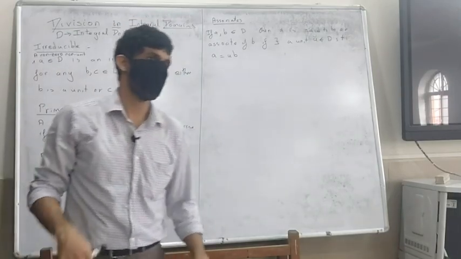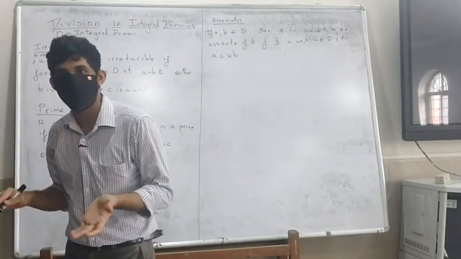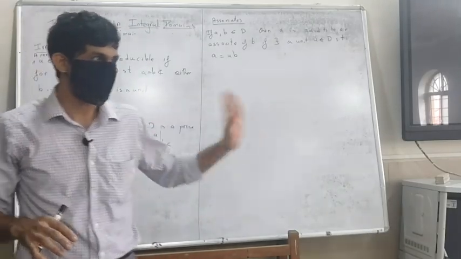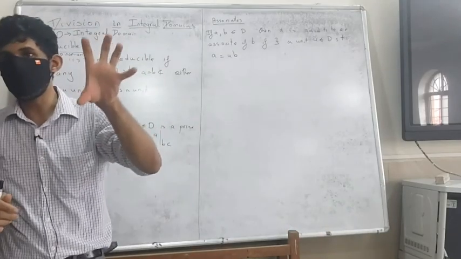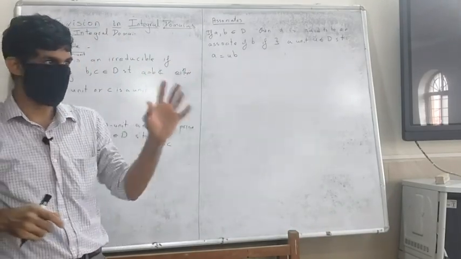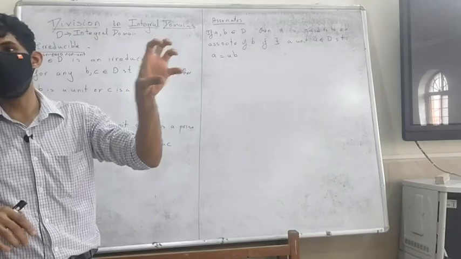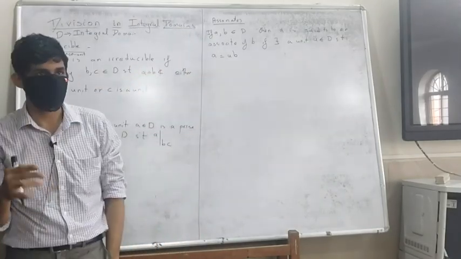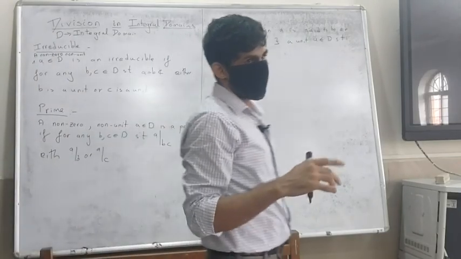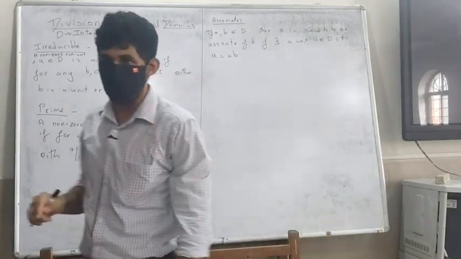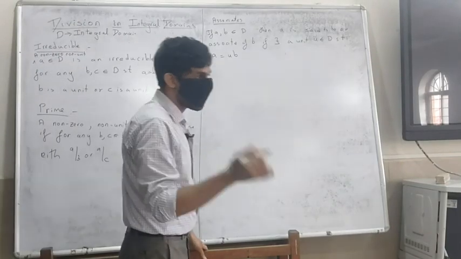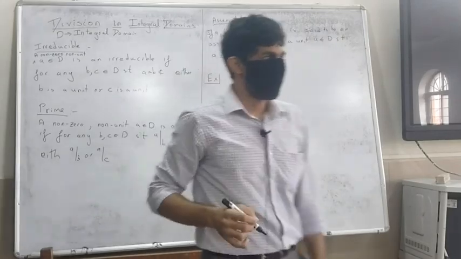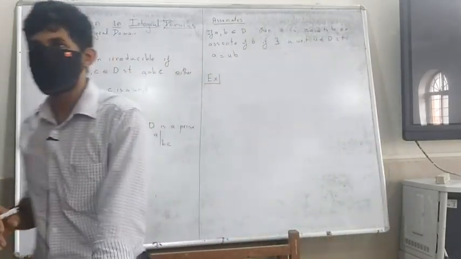If you know that the units of a particular integral domain are finite, like in Z, there are only 2 units, 1 and minus 1, then the corresponding associates will also be finite. And it is very easy to see and important to prove that the relation of associates is an equivalence relation.